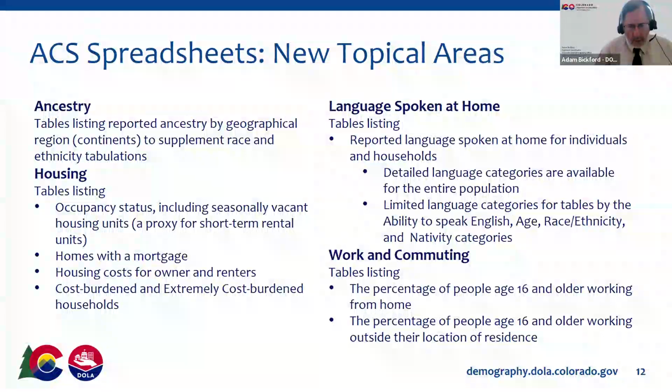For other tables that break things out by the ability to speak English, by age, by race and ethnicity, and nativity, where someone is born, we have limited categories. Instead of having the detailed Asian languages, we have a category of Asian languages. And then on top of this, we always have Spanish. In Colorado, the most common non-English language spoken is Spanish, and that is a function of our particular population.